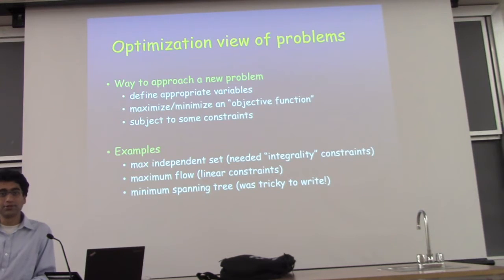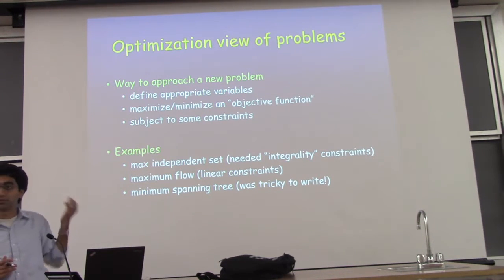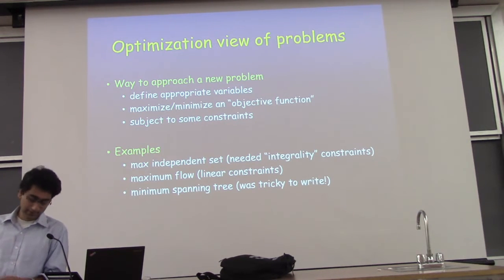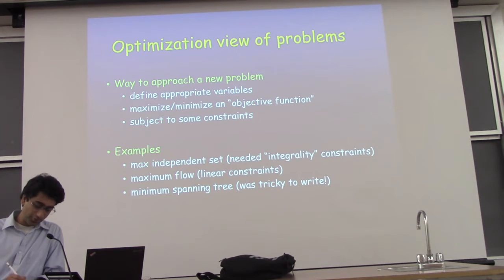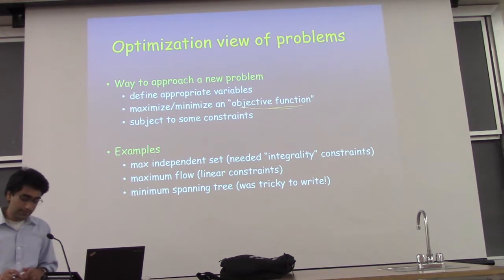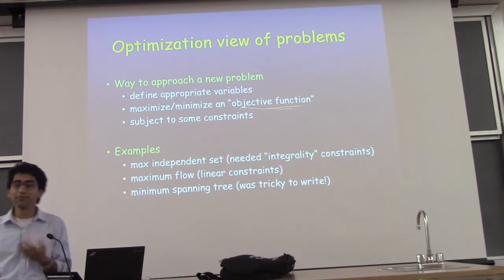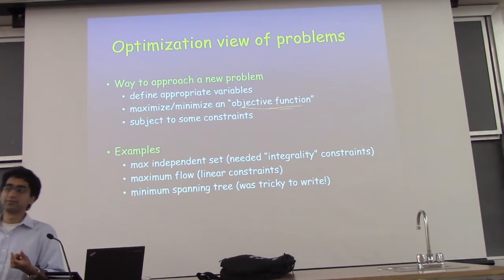You introduce variables that capture something about the solution, like whether some vertex is present in the independent set or not. You define an objective function that you want to minimize or maximize, and you might have some constraints, like a variable being 0 or 1.